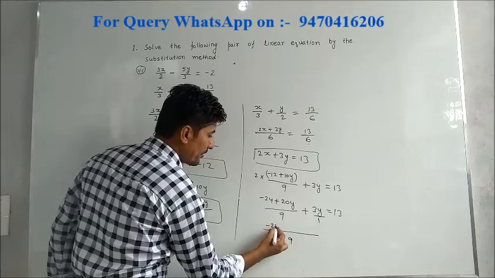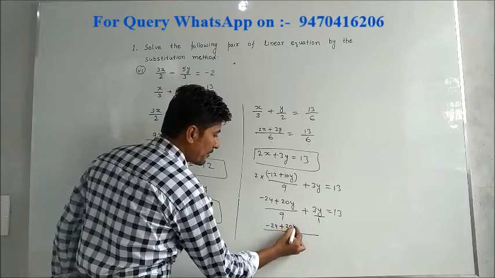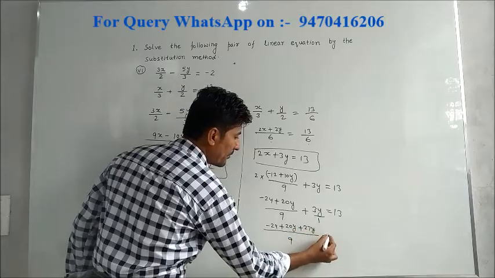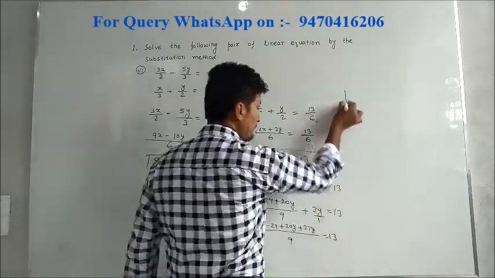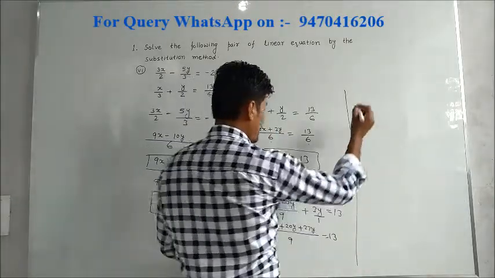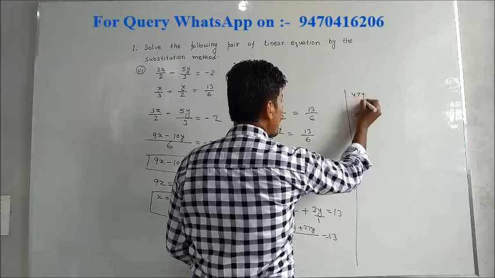Here we can write minus 24 plus 20y plus 27y equals 13 times 9. Now 20y plus 27y equals 47y.